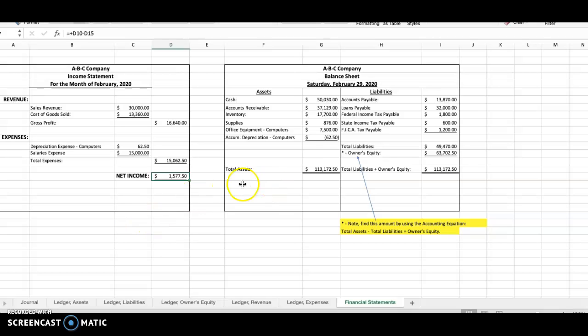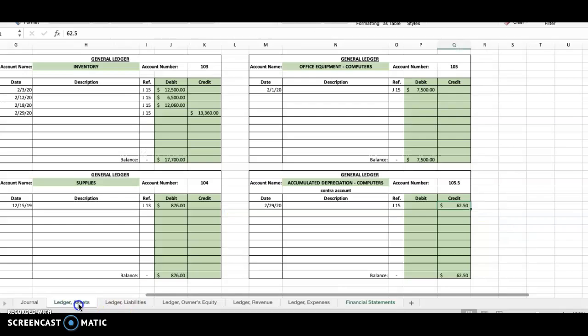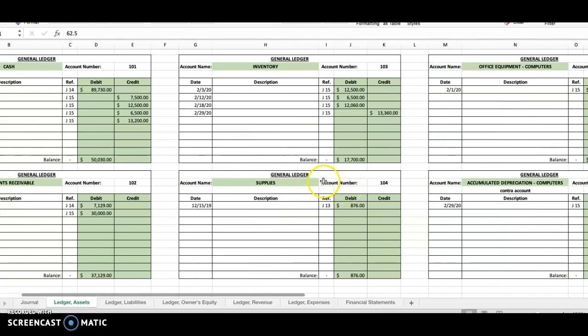On the balance sheet, once again, we go back to the ledger. If we look at the cash, if we look at accounts receivable, inventory, remember we look at ending balances. Let's look at inventory just as an example. We go back to inventory in our ledger and we find the ending balance is $17,700. That's what we show.